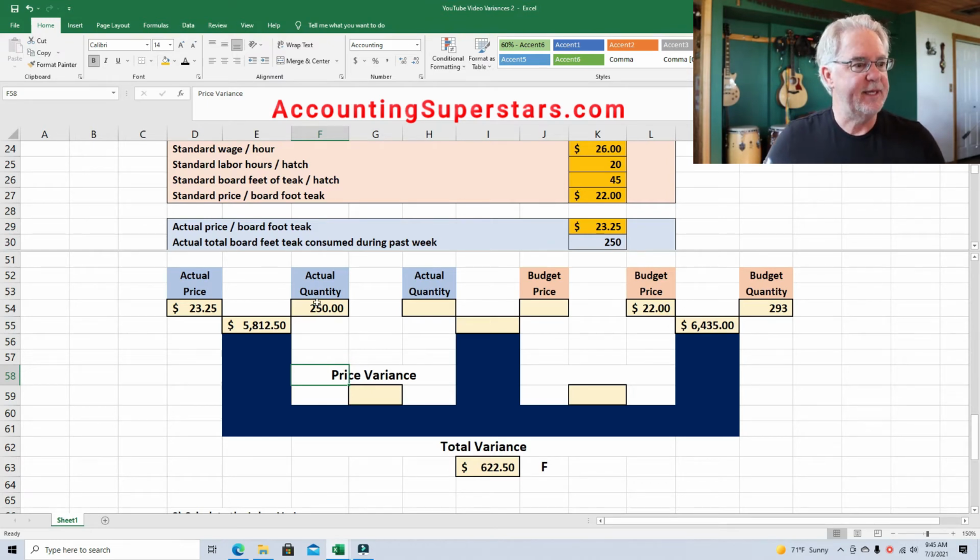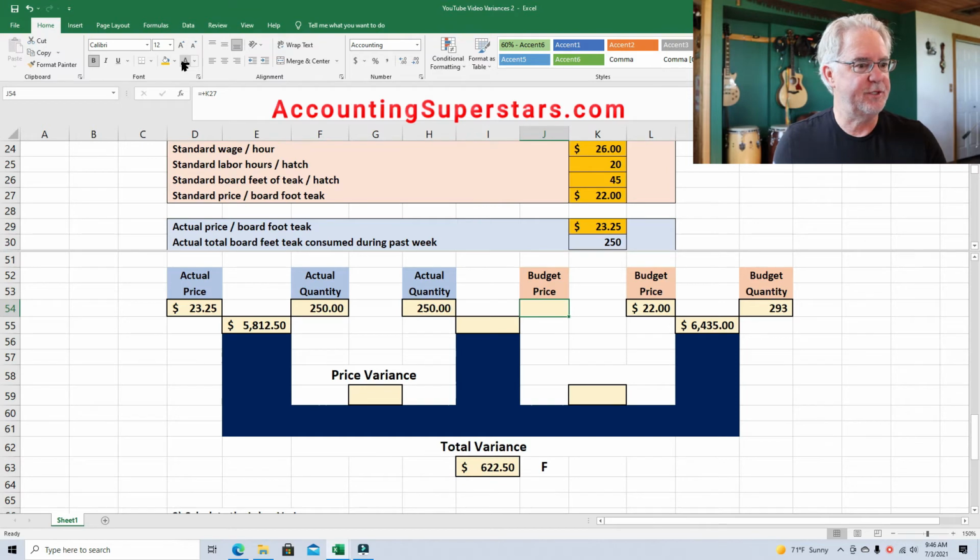Well, we need to figure out the middle part of this variance. I like to think of this as an E that fell on its back. So let's figure out the middle part of the E that fell on its back. As I said, the actual quantity moves inside. So let's take that 250 and move it inside, and let's take this $22 and move it inside.